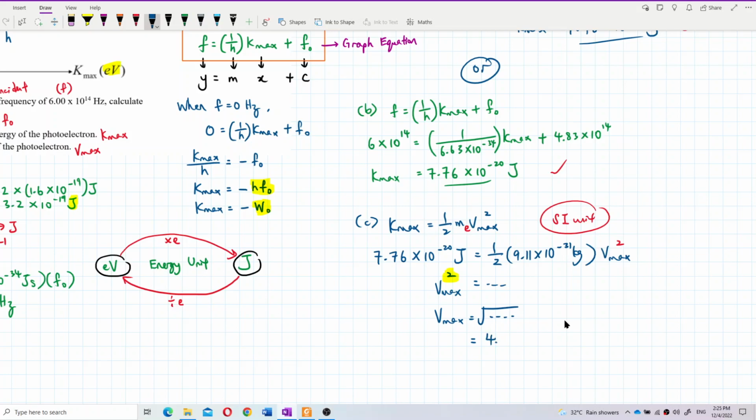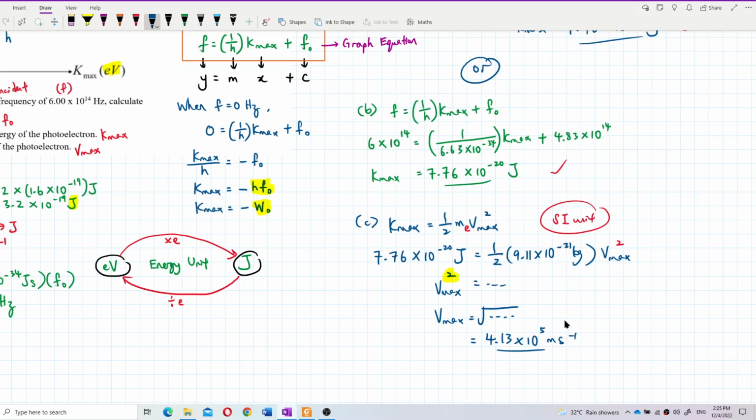I got 4.13 exponent 5 meter per second. That's the answer.